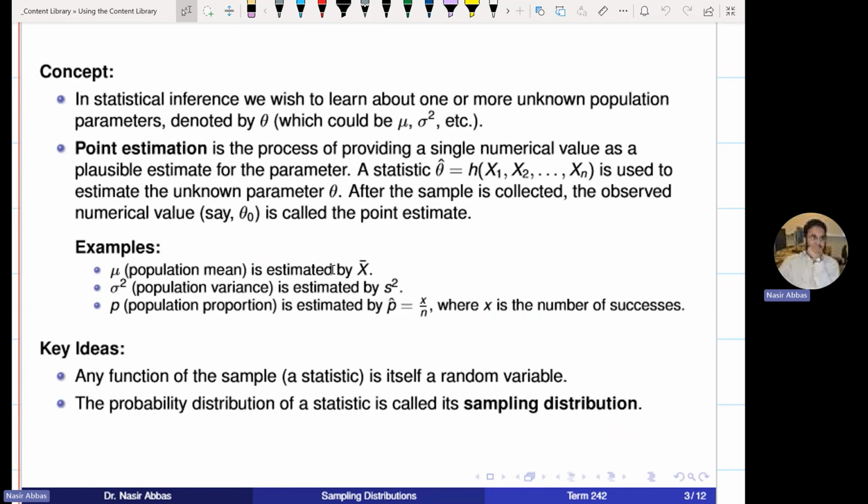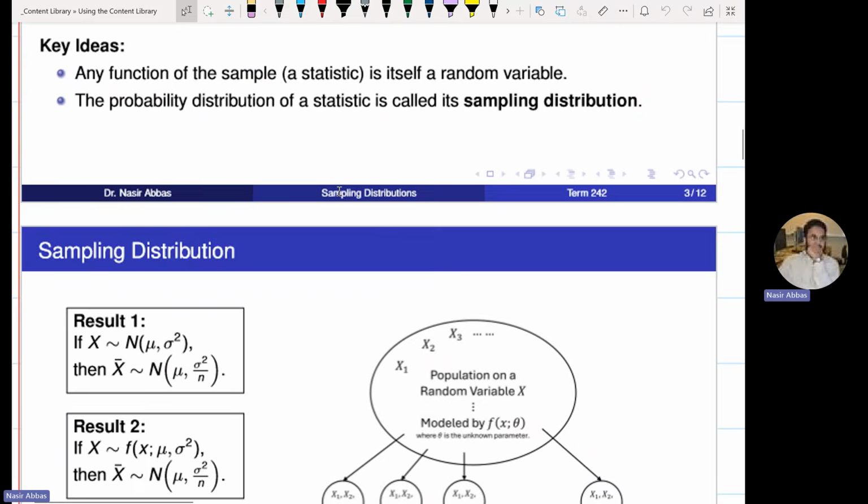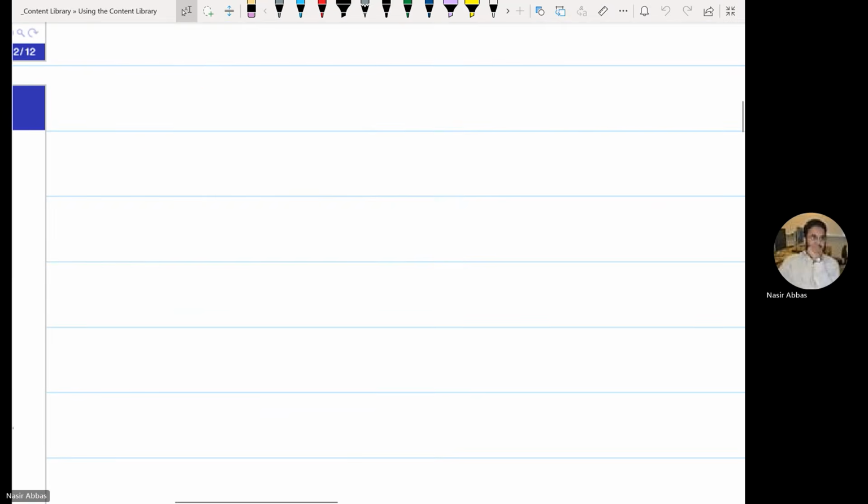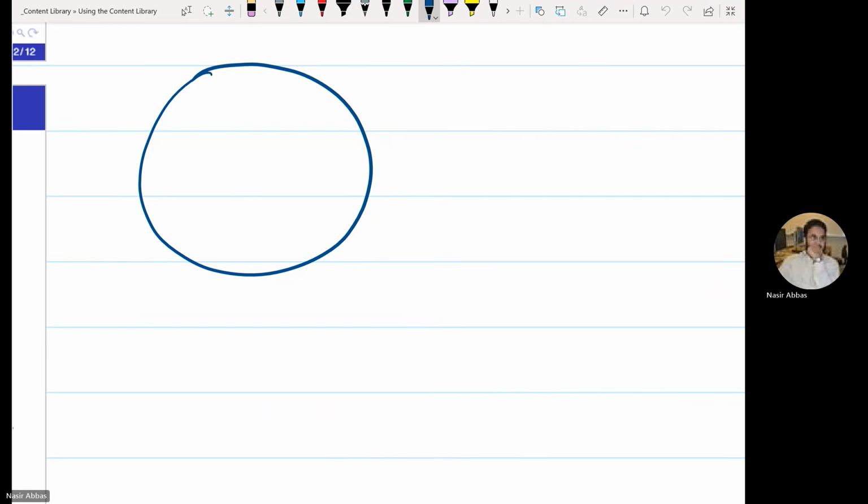Now, I'll not use the slides here, though I have the slides. I'll go to the right of the slides and explain the concept to you without them. Suppose I have a population here. This is the population on a variable X. This population is either discrete or continuous, I don't care.